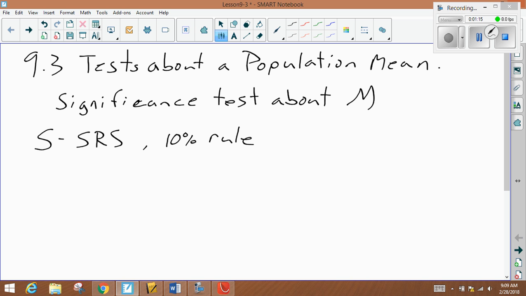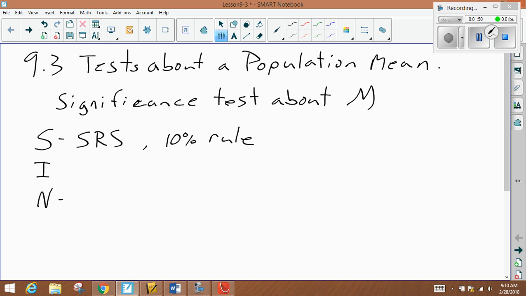Independence goes without saying. In this case, each trial is definitely independent. But the N is where things change.